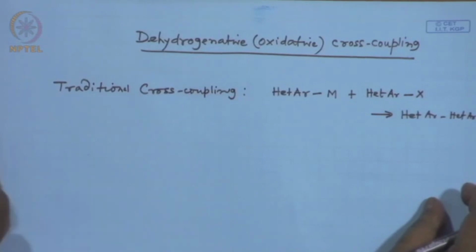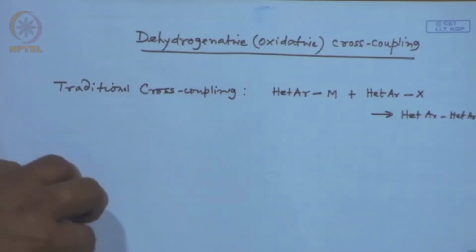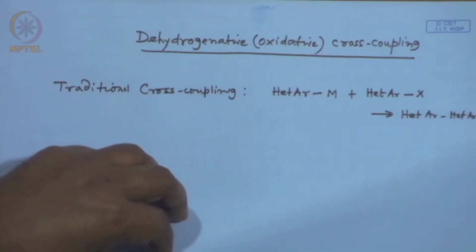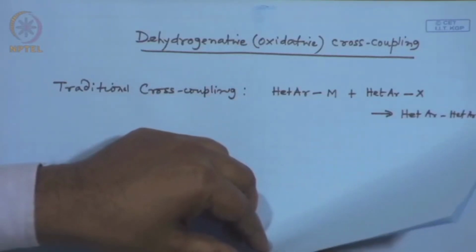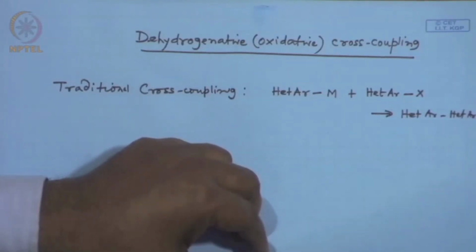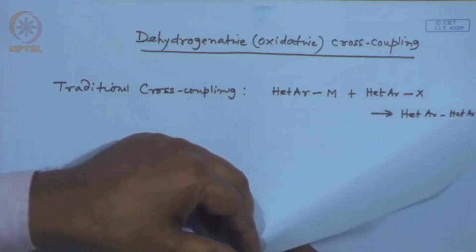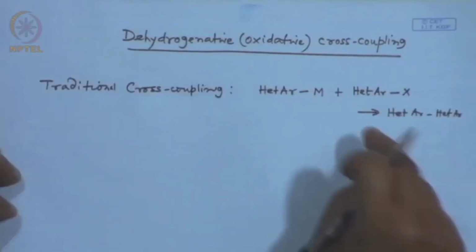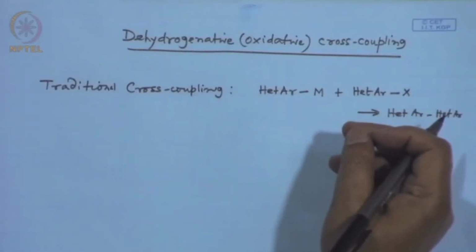That is the traditional one. You have to recall that these sort of cross couplings would require a metal or organometallic or organometalloids, and then the corresponding halogenated compounds, triflates, ammonium salts, diazonium salts, all these things.